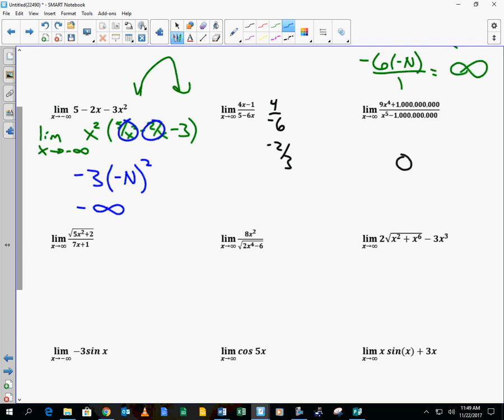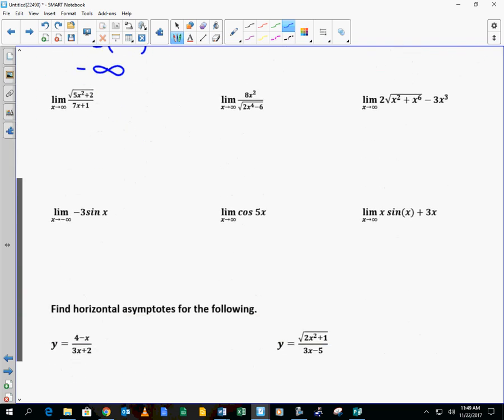So, all right, well, let's look at ones where you don't know what the graph looks like, okay? Let's look at square root of 5x squared plus 2 all over 7x plus 1. What am I going to factor out of this top, do you think? Yeah, so I got square root of x squared times 5 plus 2 over x squared all over x times 7 plus 1 over x, right?